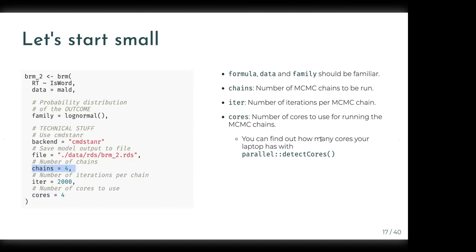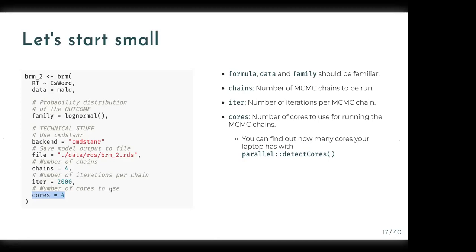You can find out how many cores your laptop has with parallel::detectCores. That will print out the number of cores, and you can use that number as the number of cores here. If you have more than 4 cores, it's not going to matter whether you use 4, 5, 6, or 8, because you have 4 chains, so you can only run 4 chains in parallel.